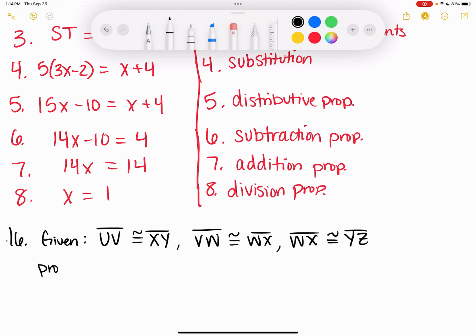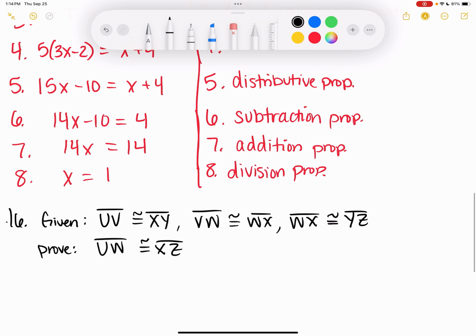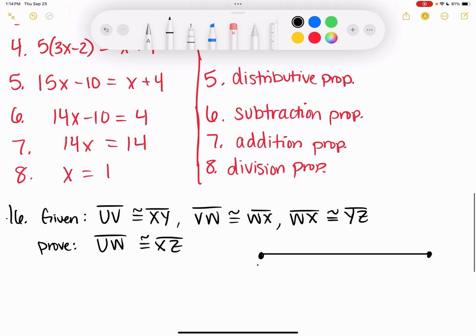We're trying to prove that UW is congruent to XZ. And they give us a picture. It's a huge line segment, and it goes all the way from U to Z, with points U, V, W, X, Y, Z just in order of the alphabet.